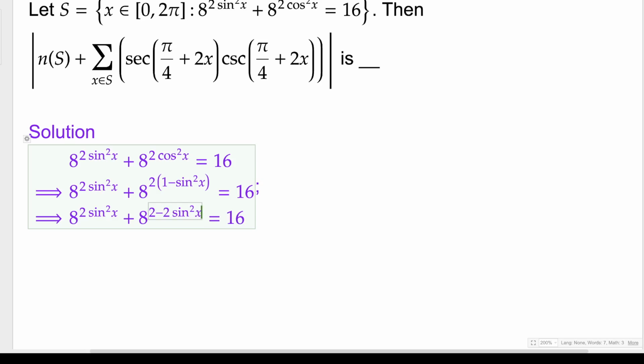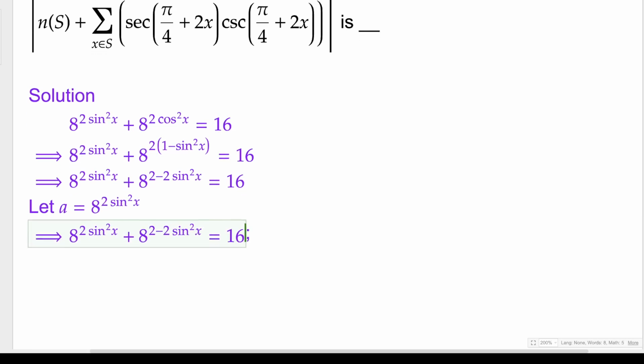Now I'll consider a substitution: let a be equal to 8 to the power of this quantity, 2 times sin x squared. This is my assumption, and the simplification procedure will then be a little easier.